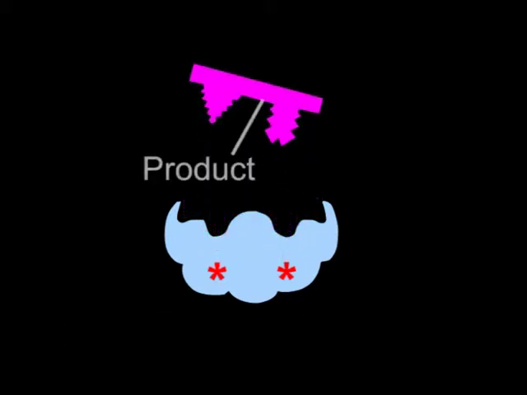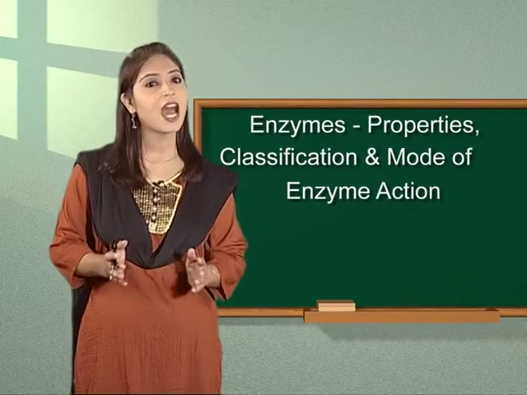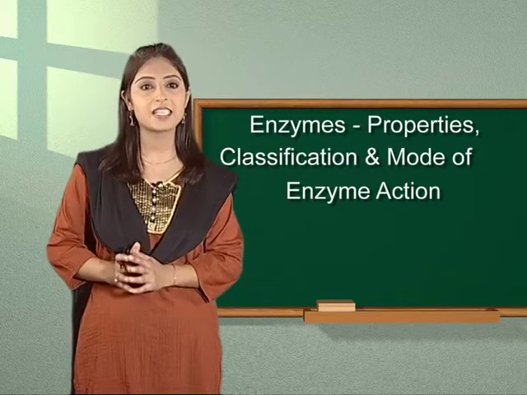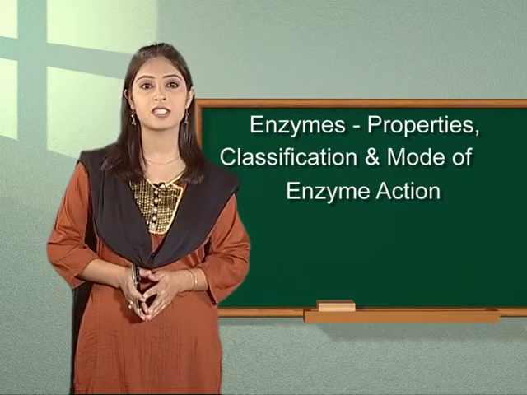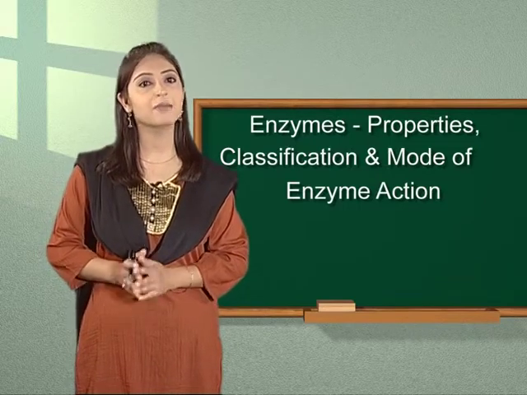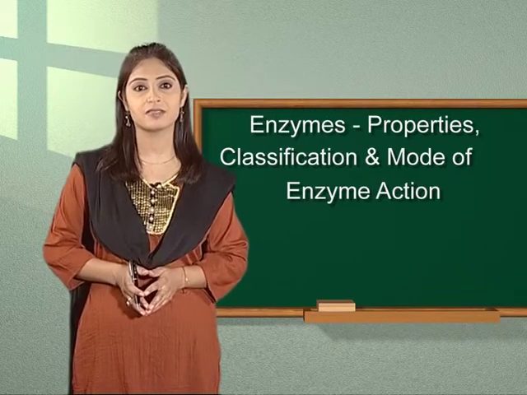This forms an enzyme-substrate complex. The substrate is converted into products as shown here. Students, now it must be clear to you how an enzyme-substrate complex is formed and how products are produced and enzyme comes out unchanged at the end of reaction.